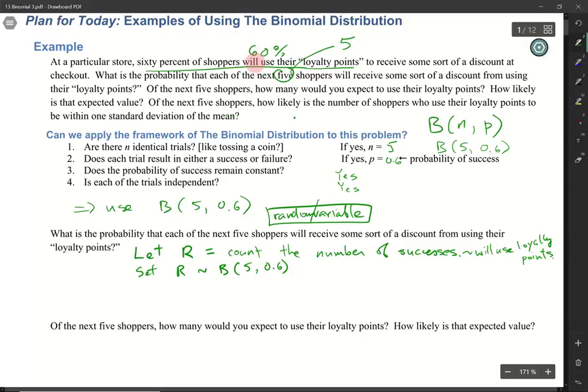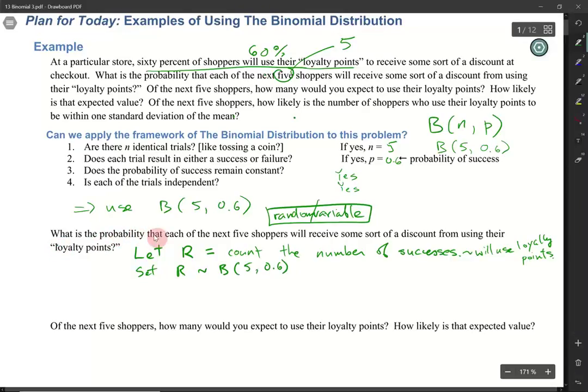So what do we do? We have to translate this into the framework. How do we do that? What is the probability?